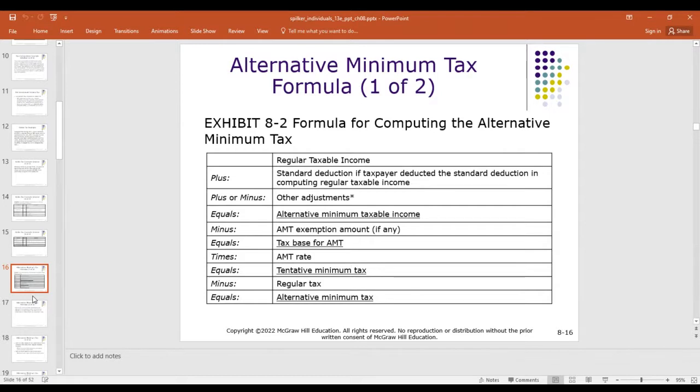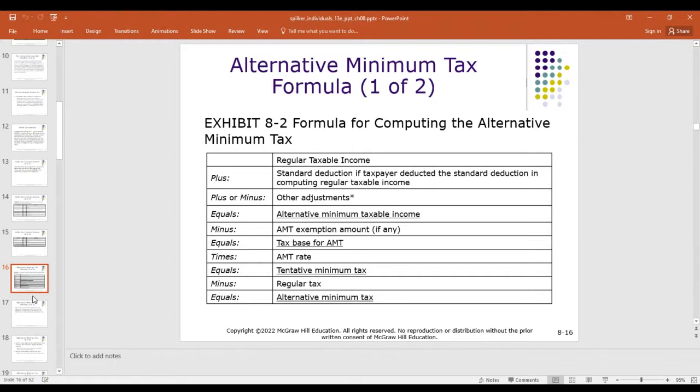If they deducted personal property and real estate taxes because they itemized, or state and local or sales tax for itemizing purposes, we have to add those back. They're not allowed for purposes of this computation.